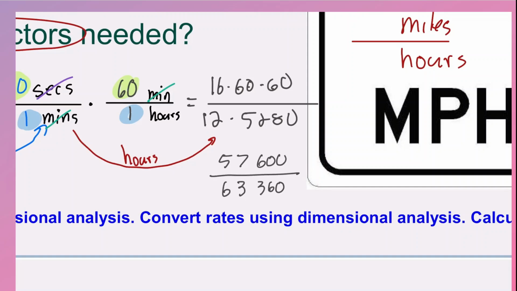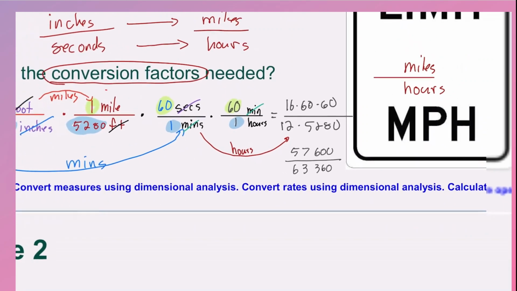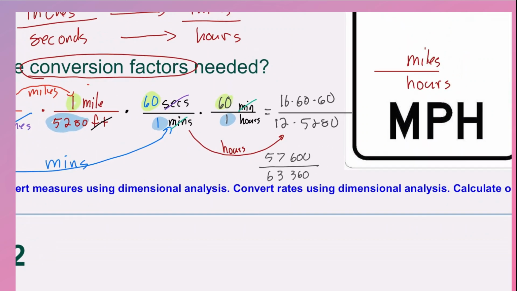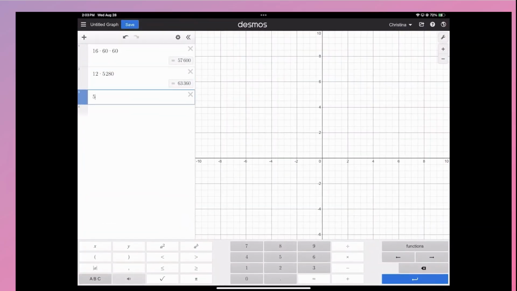So after I've done my multiplication, the final step is to divide those two numbers. I'm going to go back to my calculator: 57,600 divided by 63,360.